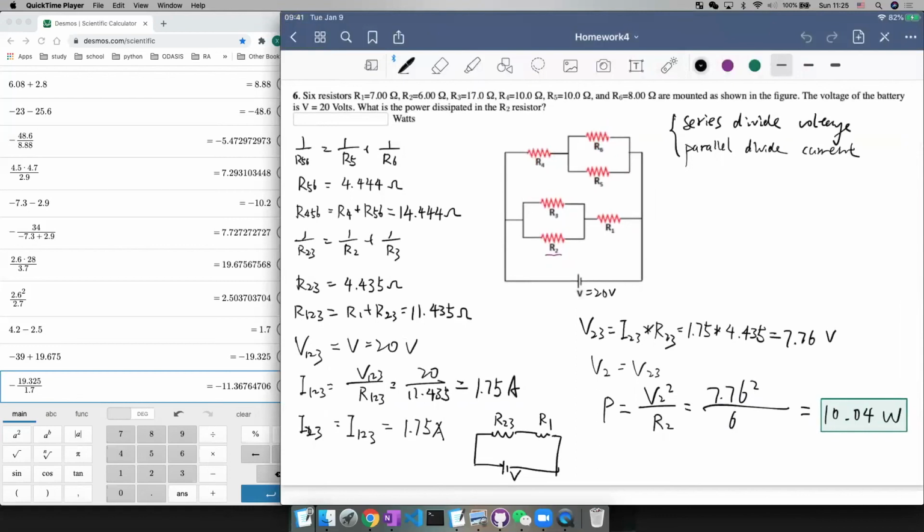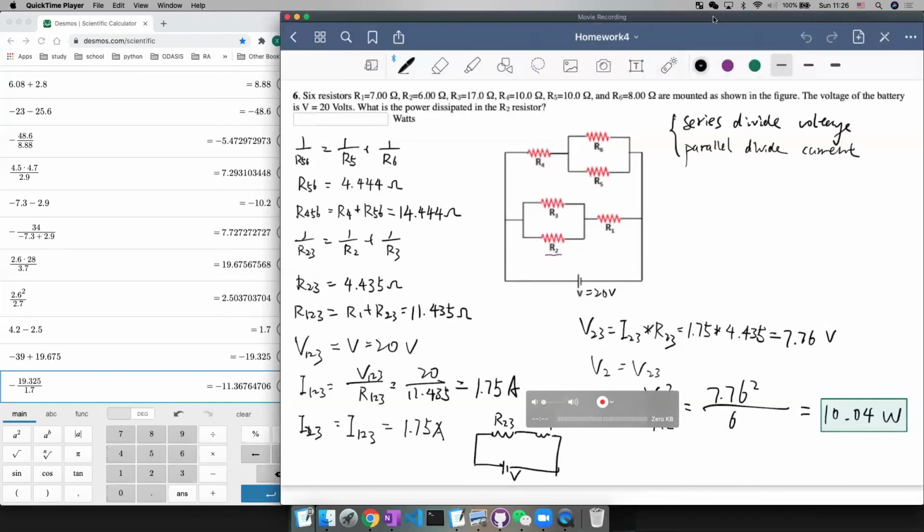The logic that I was given was, if you get R equivalent for the top and the bottom as parallels, then you could basically ignore the bottom tier and just work on the top half of the circuit, where R4 and R5 and R6 are.